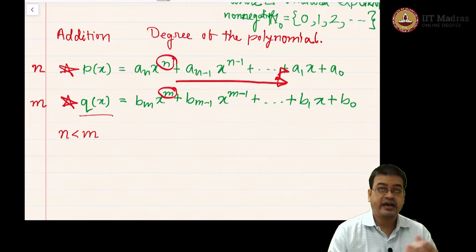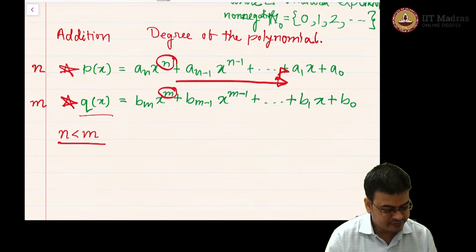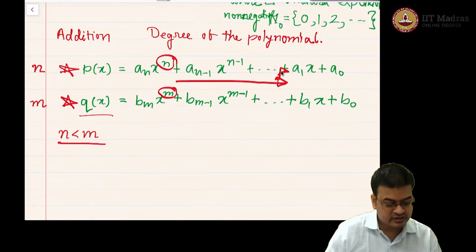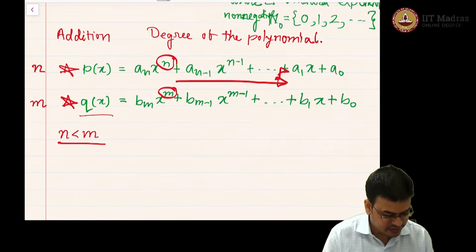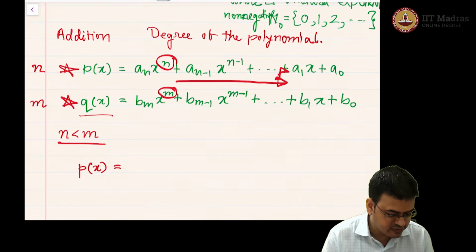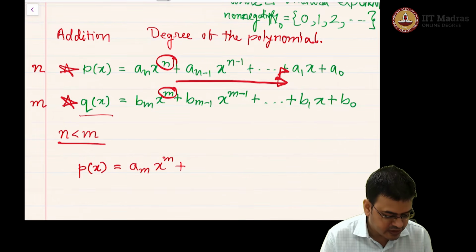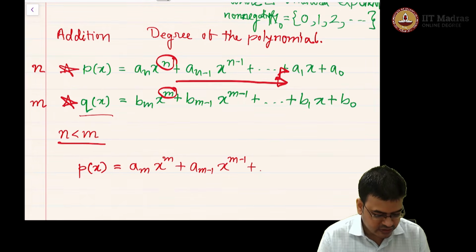In order to add these polynomials, because I have assumed n to be less than m, I know that the degree m is higher. So what I will do in this case is rewrite p(x) in the form a_m x^m + a_(m-1) x^(m-1) and so on.